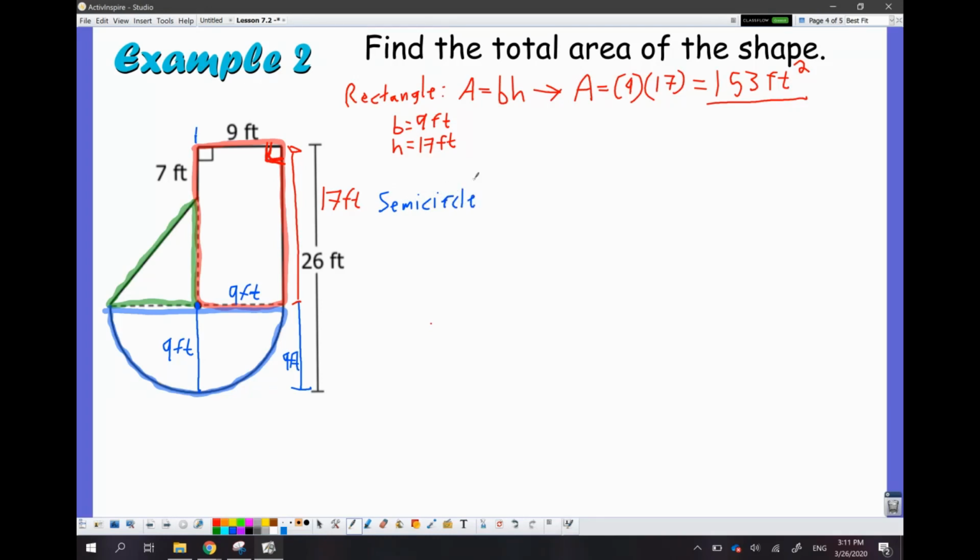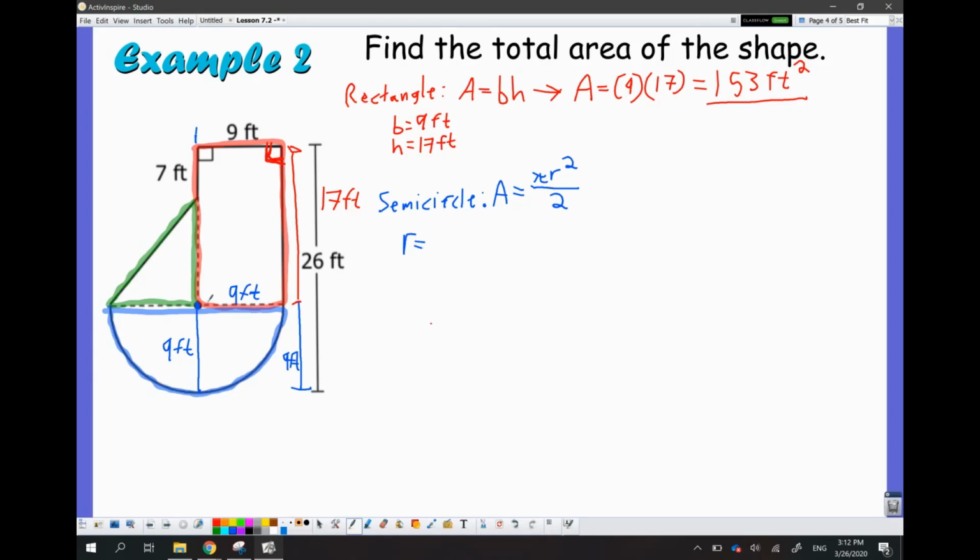And I know the area of a semicircle is half the area of a circle. Area of a circle is pi times r squared. And since I'm only doing half, I divide it by 2. So the only thing that I need here to plug in is the radius. So I'm going to put r equals.